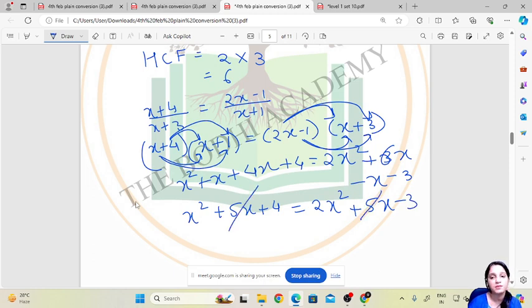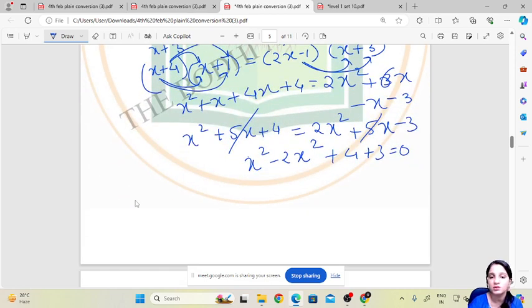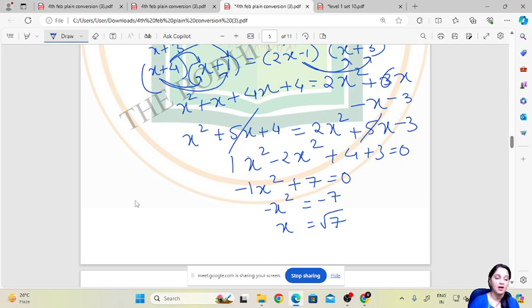Plus 5x gets cancelled. x square minus 2x square plus 4 plus 3 equal to 0. Here this will be 1 minus 2, which is minus 1 x square plus 7 equal to 0. Minus x square equal to minus 7, and x is equal to root 7, which is the answer.